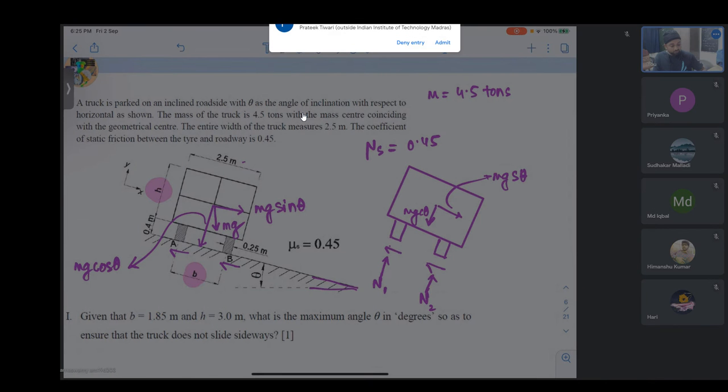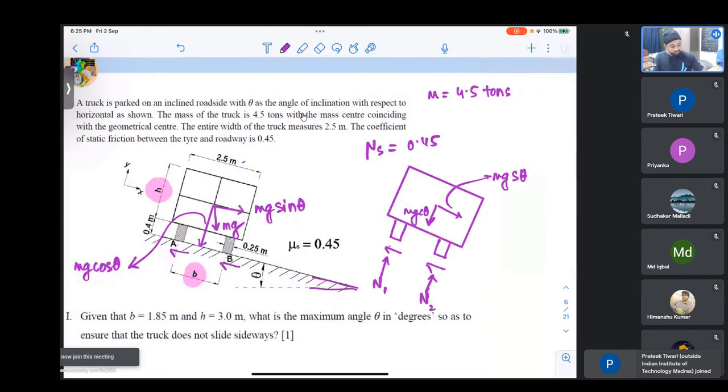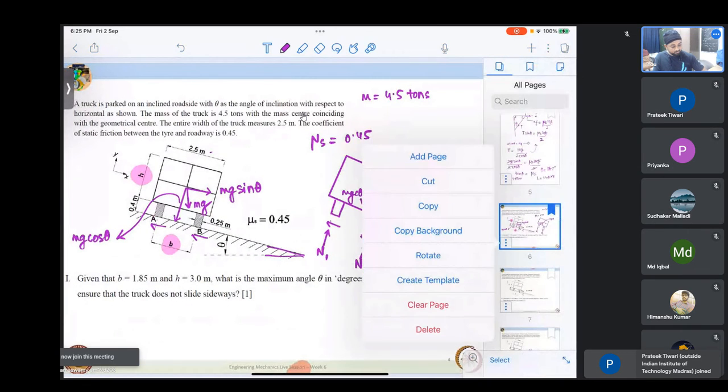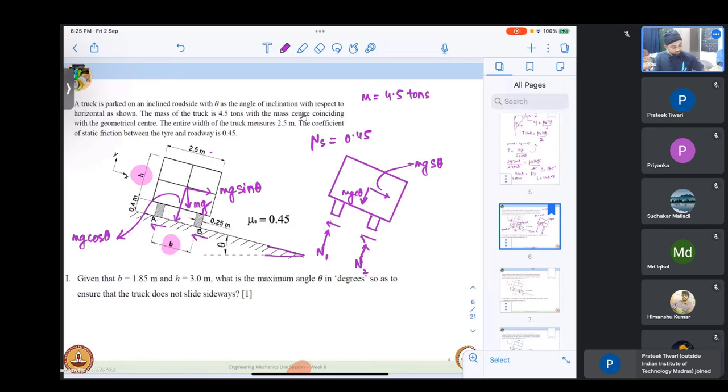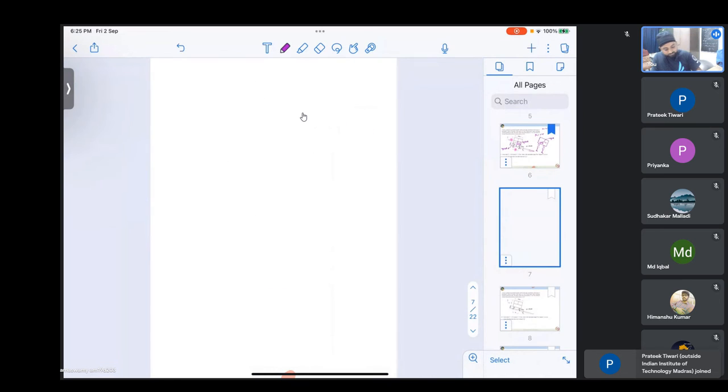So what is the total force that needs to be resisted here? The total force that needs to be resisted is mg sin theta, and this needs to be resisted by the frictional force that is developed. What is the sum total of the frictional force that will be developed? It will be nothing but mu s times mg cos theta.